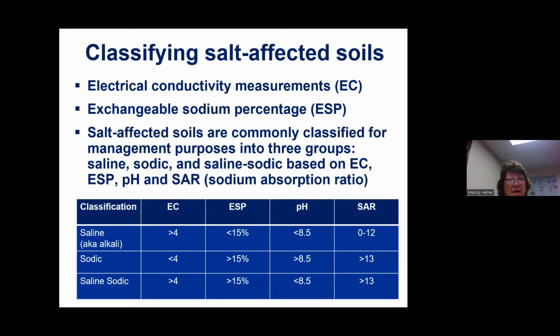The pH we talked about is a measure of the acidity or alkalinity of the soil, and the sodium absorption ratio is a measure of the amount of sodium relative to the amount of calcium and magnesium in your soil. So if your soil forms a white crust, if it's difficult to get plants to grow, or if you know that salty soils are common in your area, you might want to have your soil tested for these 4 criteria to determine if you have a salt-affected soil.